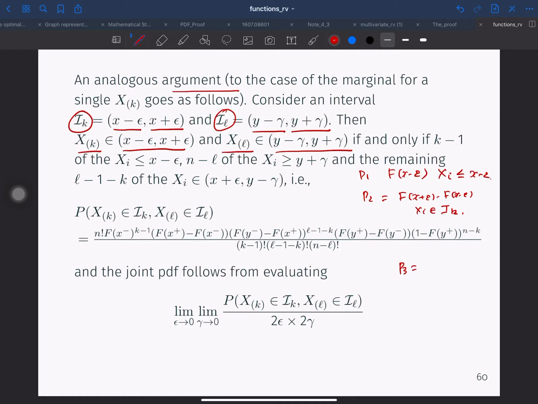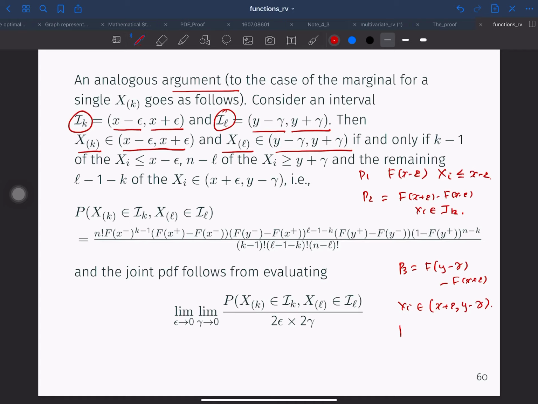P3 is therefore now going from f of y minus gamma minus f of x plus epsilon, in the case when xi belongs to the interval from x plus epsilon to y minus gamma.